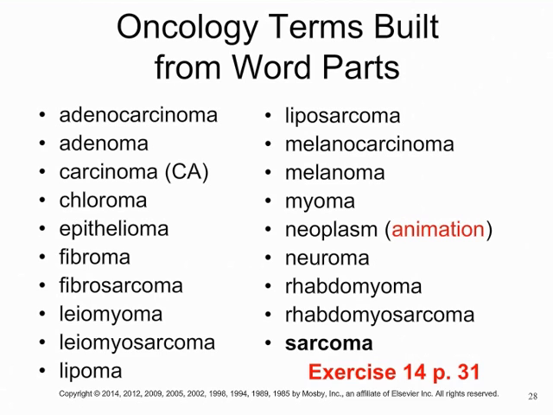So oma, meaning tumor, or sarcoma, meaning a malignant tumor. For example, you can have a fibroma, which is a tumor of fiber, if you're going literally, or a fibrous tumor. But you could also have a fibrosarcoma, and that would be a malignant tumor of fibrous tissue.